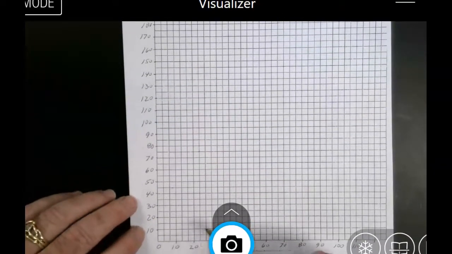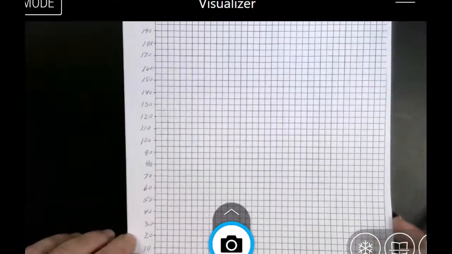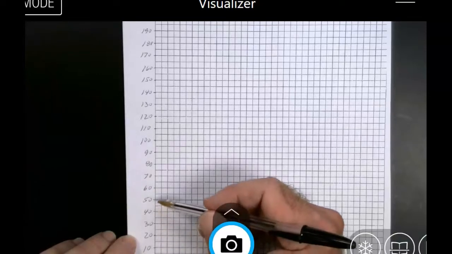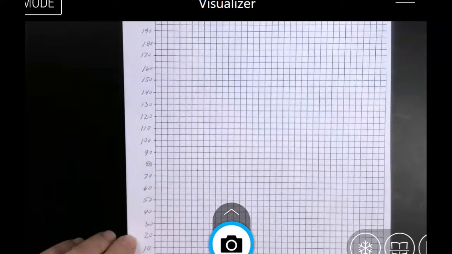I also don't want to have a graph that obviously goes off the page. So to save time, I have gone ahead and scaled my graph paper to start with. I've made 3 boxes be 10 for my degrees Celsius on the bottom, and I've made 2 boxes be 10 degrees for my degrees Fahrenheit on the top.